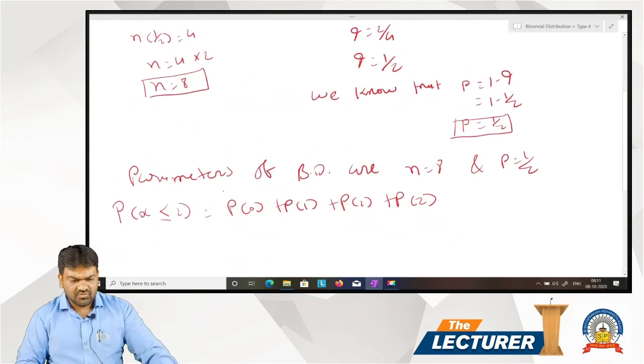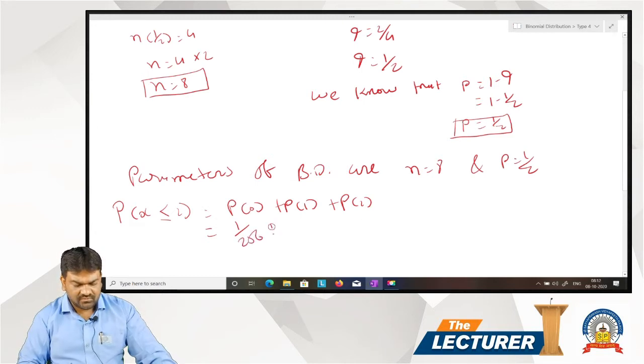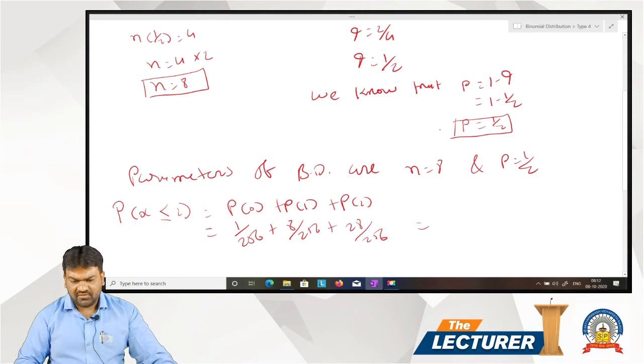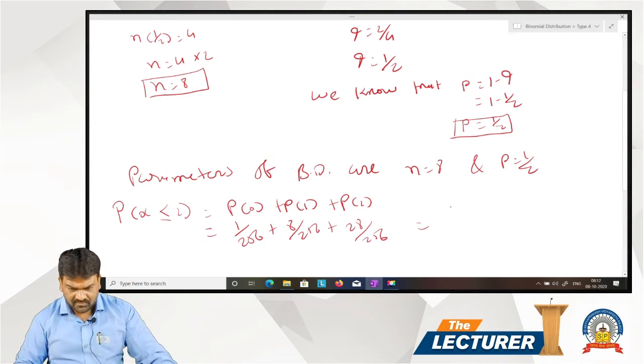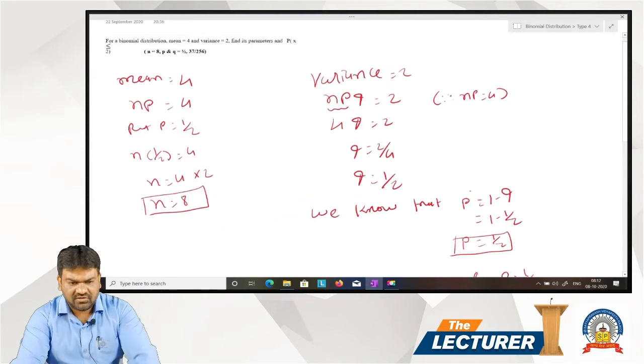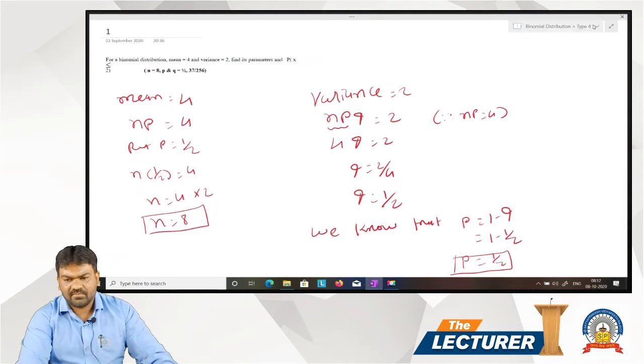So 1 upon 256, 8 upon 256, 28 upon 256. 8 plus 28 plus 1, 37 upon 256. This is your second answer, 37 upon 256.